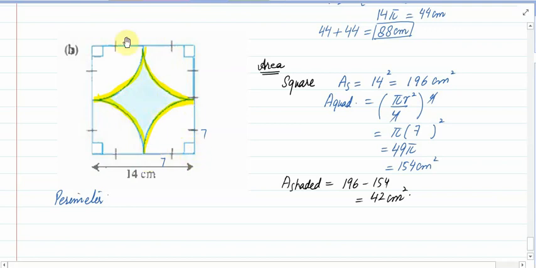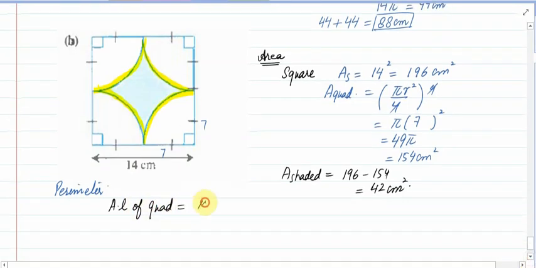This is a quadrant. Now the arc length of a quadrant, I have told you regarding its formula. It's pi r divided by 2. And how many arc lengths we have? We have 4 arc lengths, so we need to multiply it by 4.